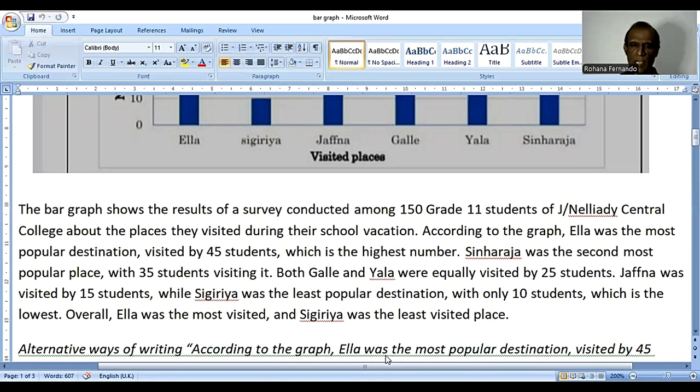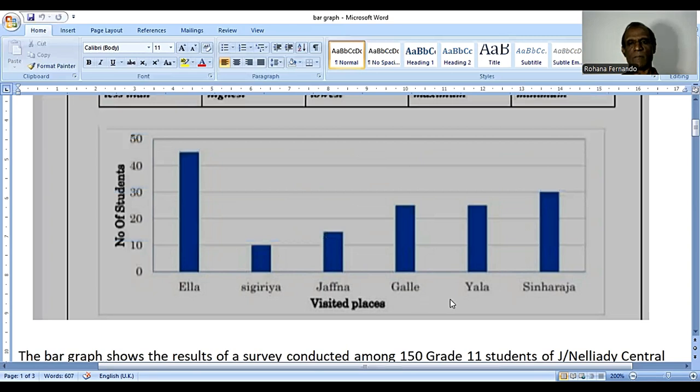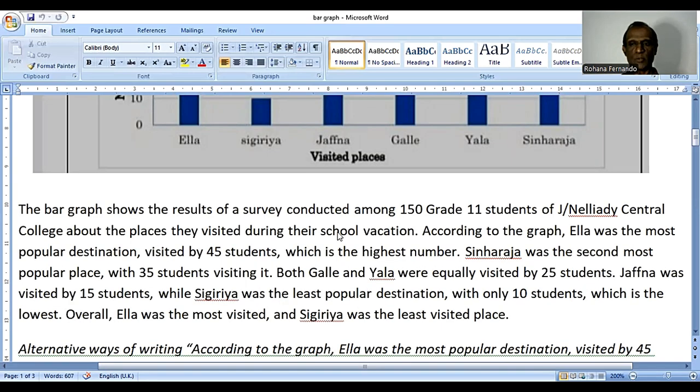Both Gaul and Yala were equally visited by 25 students. Both Gaul and Yala were visited by 25 students. Any other ways of telling that?